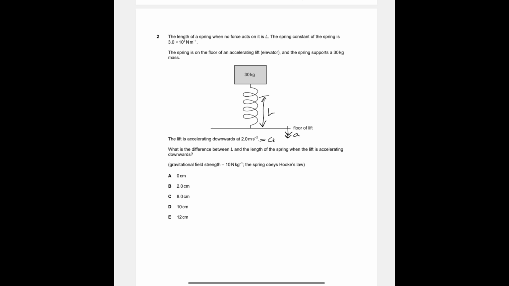Let's say this is the original length, and let's say the spring is extended. We'll define x as the extension, so it's positive when the spring is extended, negative when not. Let's pretend x isn't the name of one of the coordinates, and say this is the y-axis.